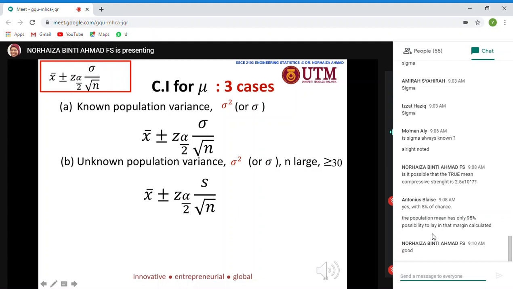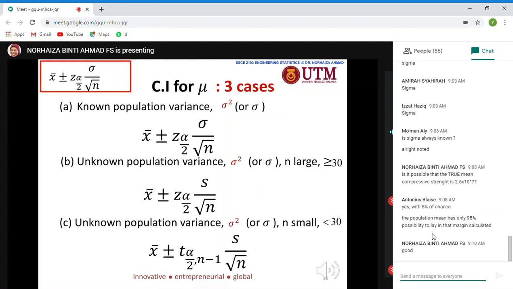However, if you do not know the population variance, you replace sigma or sigma squared with S, but because n is small, you can no longer use the Z distribution. So to cater for the small sample size, you need to use a t distribution.